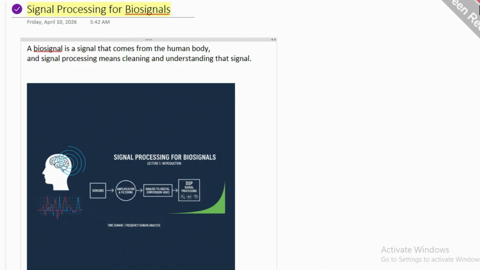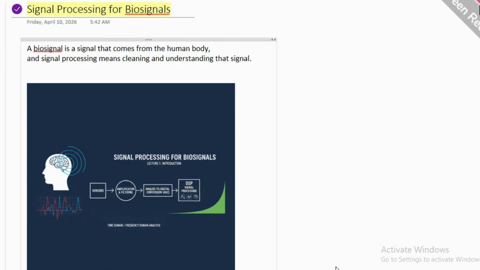You cannot see them with your eyes, but machines can capture them. For example, when your heart beats, it produces a small electrical signal, and an ECG machine records the signal and shows it as a graph. So that moving line on the screen is actually your heart speaking in the form of data.